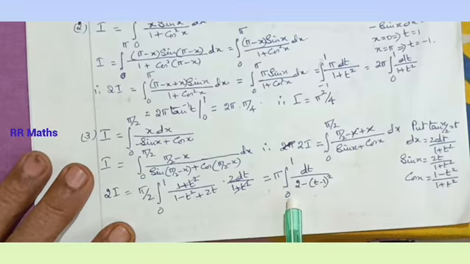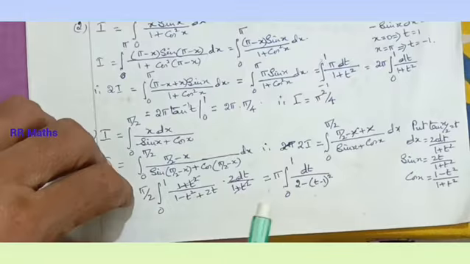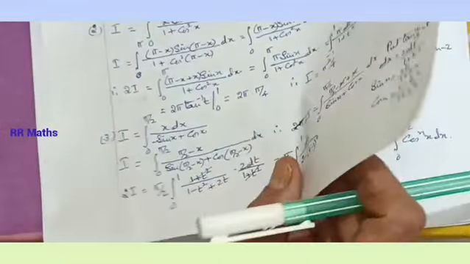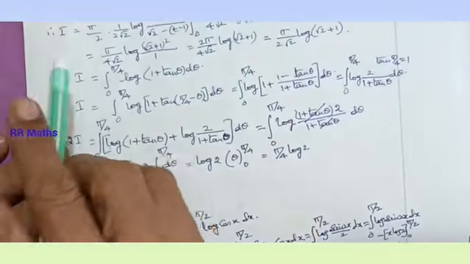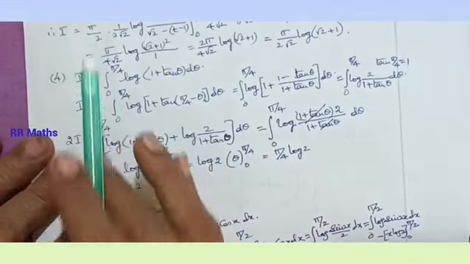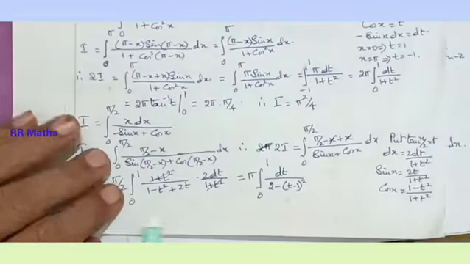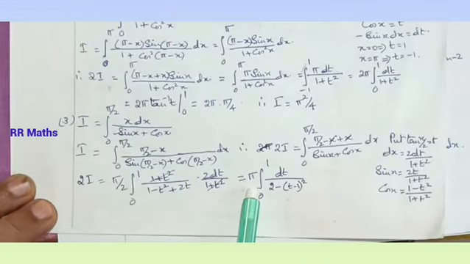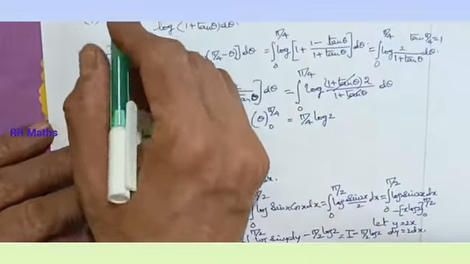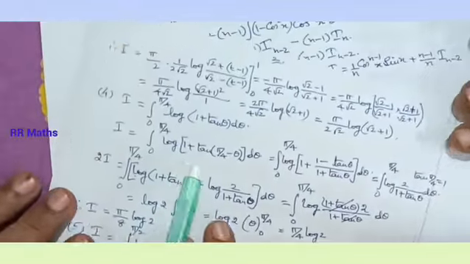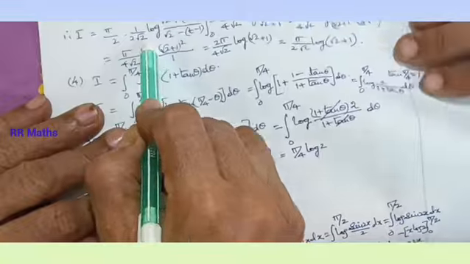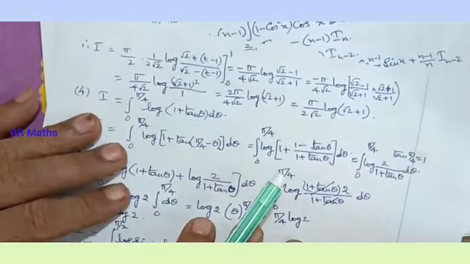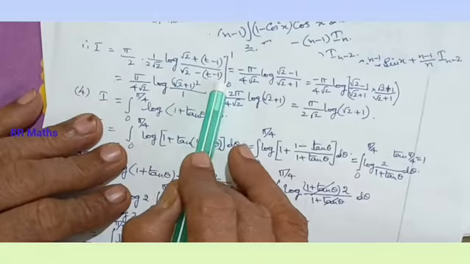It is in the form of 1 by a square minus x square, which will reduce in terms of log, where you have your formula for that, and using that particular formula I am directly changing as I is equal to, which means I am bringing down the 2 here, so that will give you I is equal to pi by 2 outside, and your formula is going to be 1 by 2a log of a plus x by a minus x.